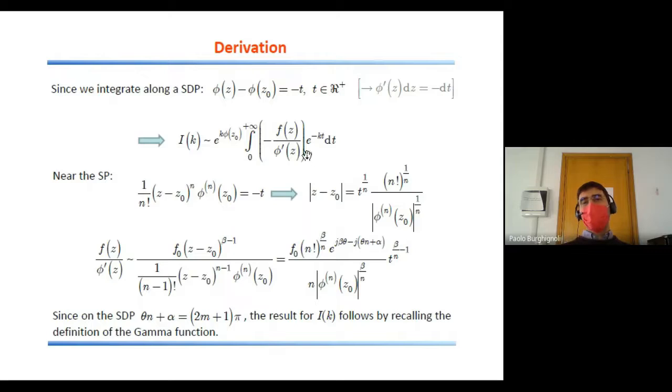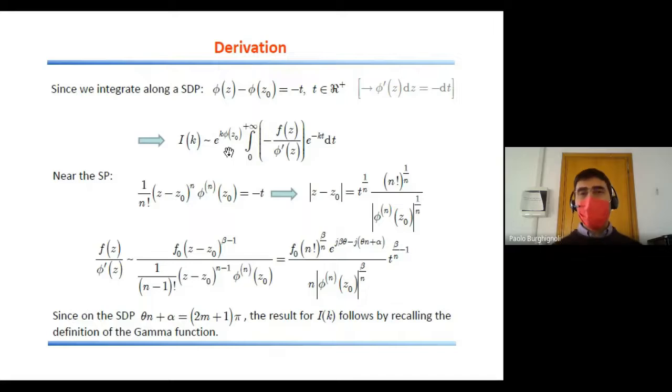Then we have now a standard Laplace exponential e to minus kt, and the integration is performed in t from 0 to plus infinity. So this is actually a standard Laplace transform. And finally, the exponential function e to k phi of z0, which is a constant with respect to t, has been taken outside the integral.